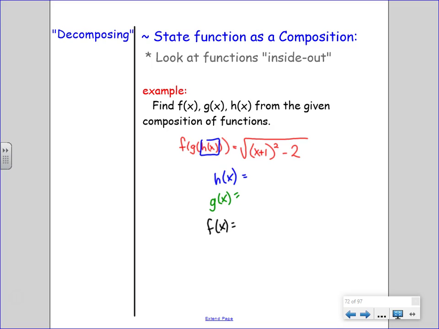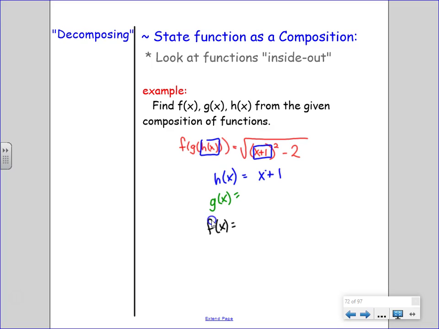What would be in the very middle? X plus 1. Because h of x has to have an argument. You know what I mean? He has to have an x.